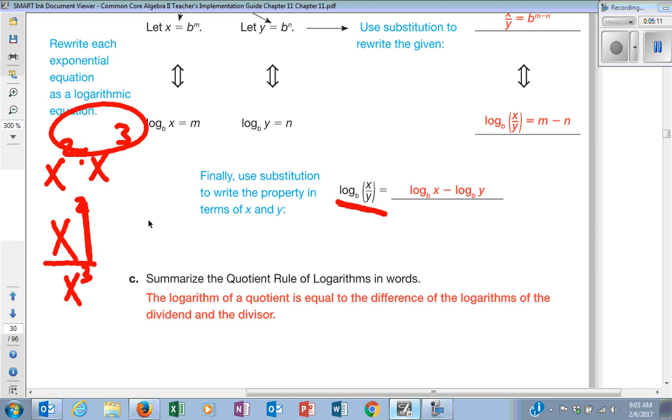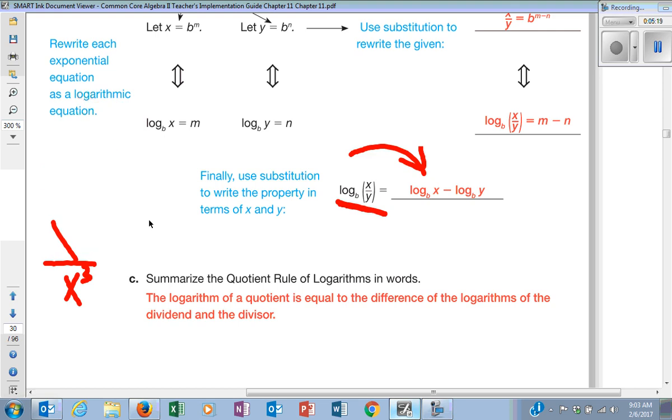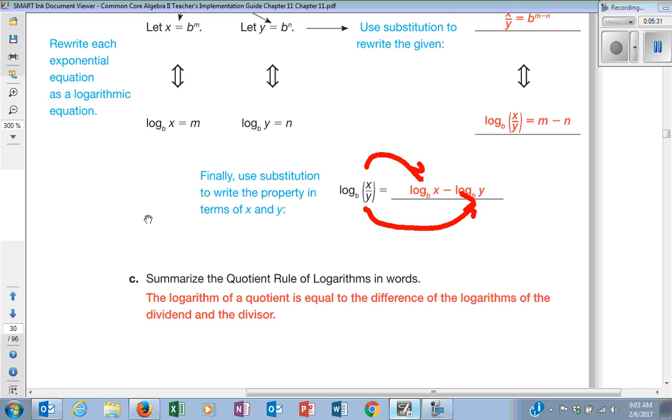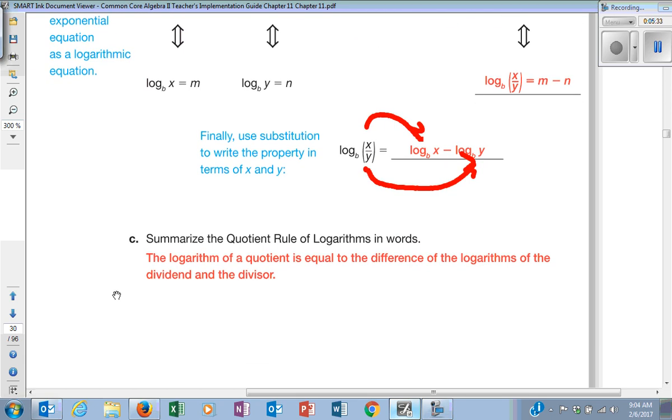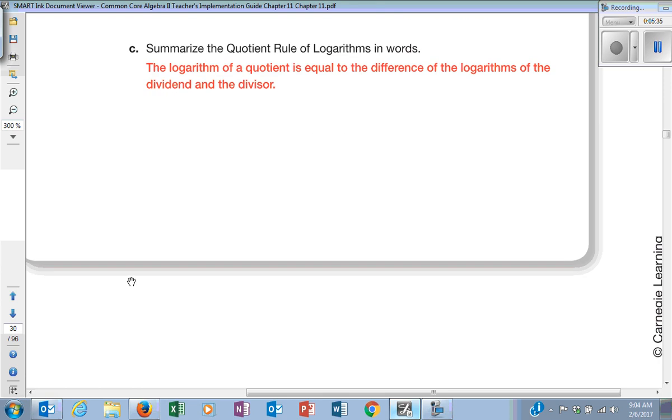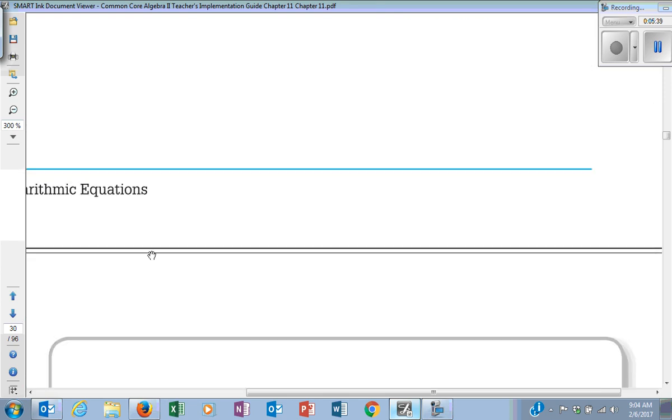If I have a log of a division, it turns into a subtraction problem, very similar to the multiplication one. And notice this is very important. No, the bigger one does not always go first. The one that's in the numerator goes first. The one in the denominator goes second. Okay? That is called the quotient rule. And again, it's something we're going to use to manipulate these equations later on.